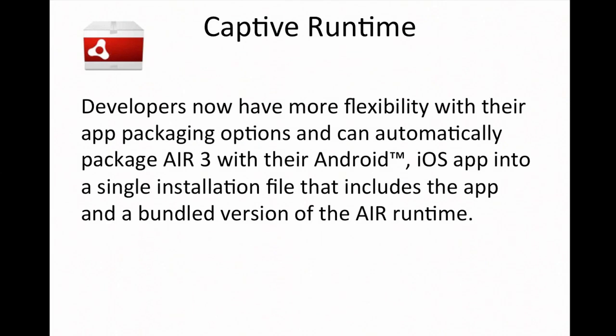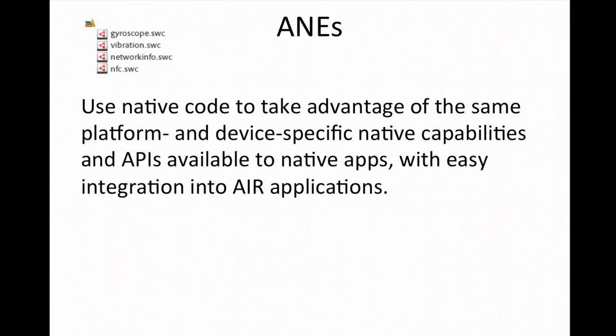Another advantage that we now have are these things called ANEs, Air Native Extensions. If you know native code, whether it be Objective-C, C on the desktop, or Java on Android, or have a friend who does, you can write your own, and there are several being published. You can use native code to access platform and device-specific capabilities.